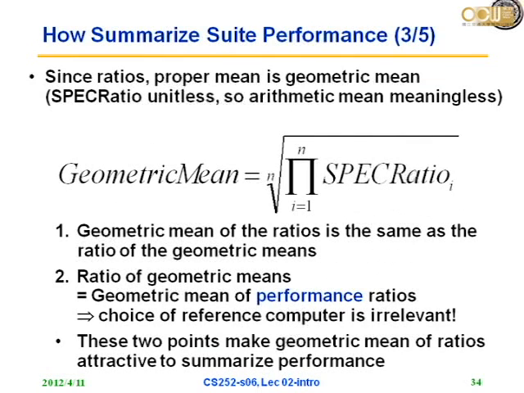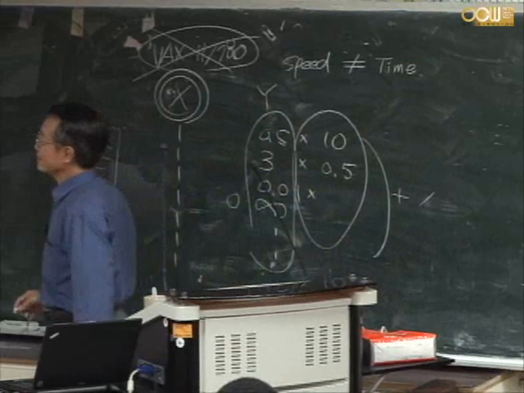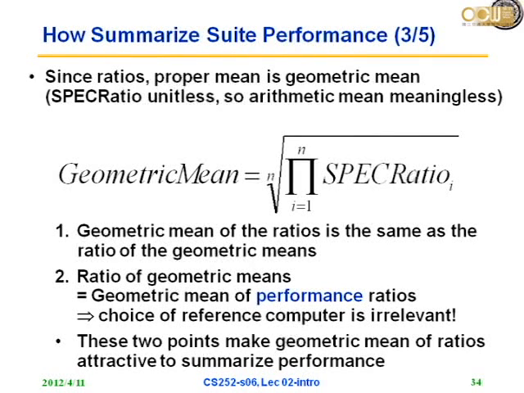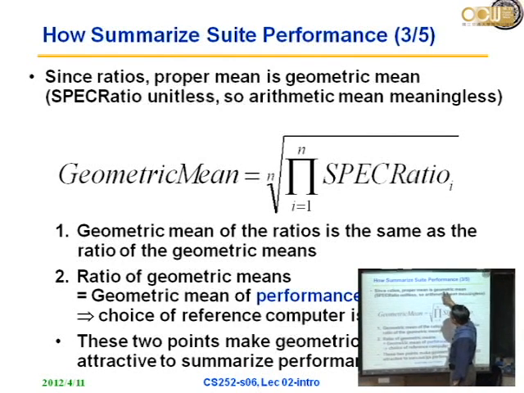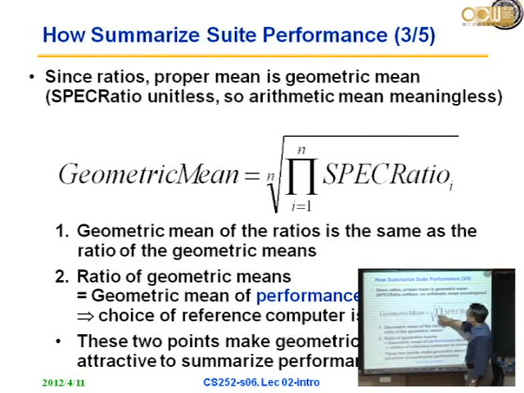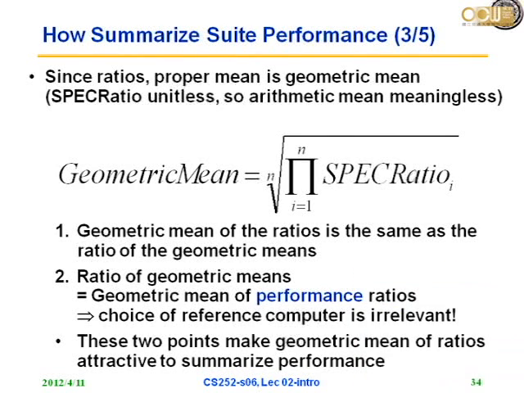So when we compare the computers in terms of speed, as you already understand, speed is different from time. If the metric you use is speed, then the equation you should use is the geometric mean, which is like this when comparing speed of computers.